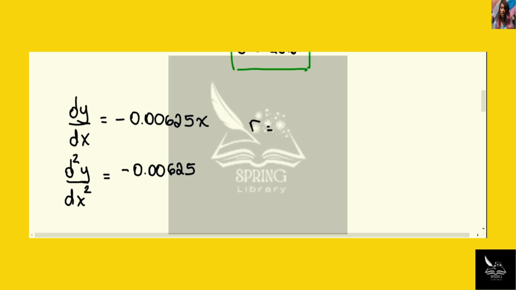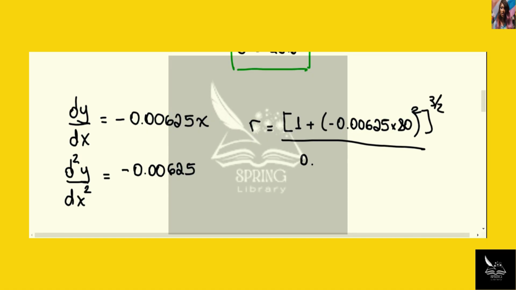So we want to find r, and that is 1 plus minus 0.00625 times 80 squared to the 3 halves divided by 0.00625. So r is equal to 223.6 meters.